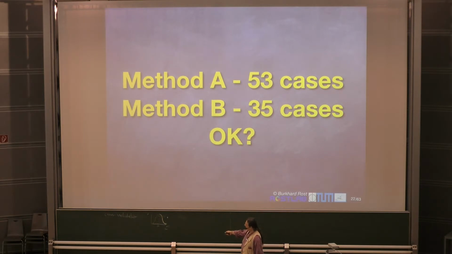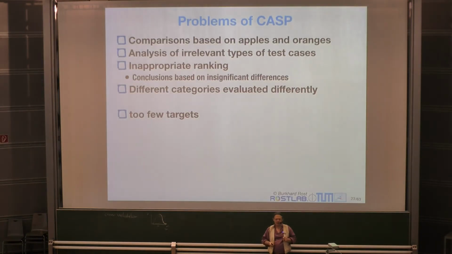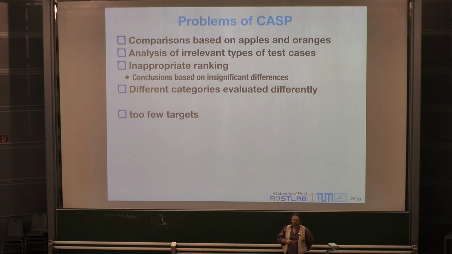In this particular example, the method in fact decides to use only 35. Before the effect, they don't know the answer, and they say we use only those 35. So they know something about their method in that particular case. And that is another problem. We have to rank correctly. Inappropriate ranking is very complicated and brings wrong conclusions.